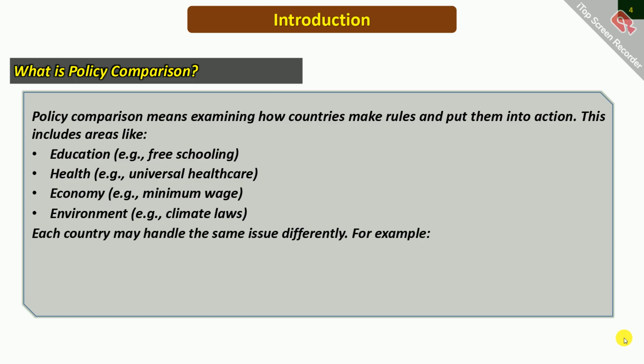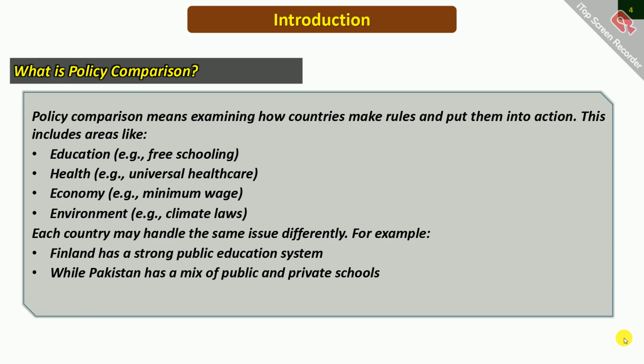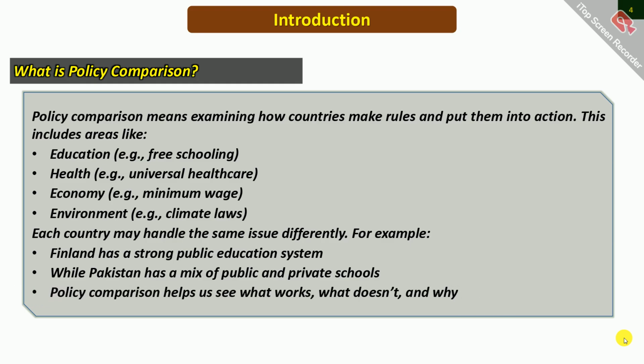Each country may handle the same issue differently. For example, Finland has a strong public education system, while Pakistan has a mix of public and private school system. Policy comparison helps us to see what works, what doesn't, and why.